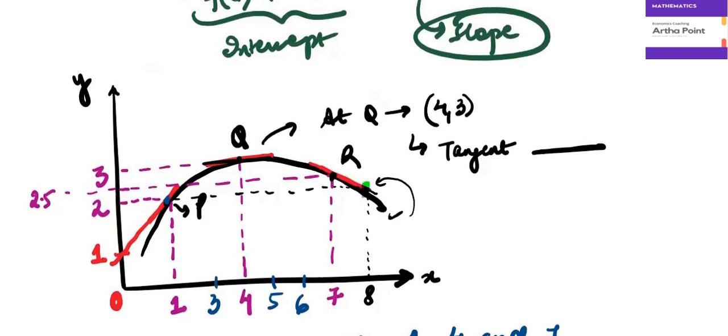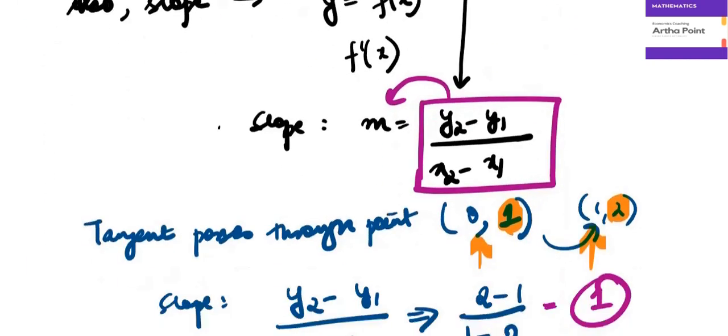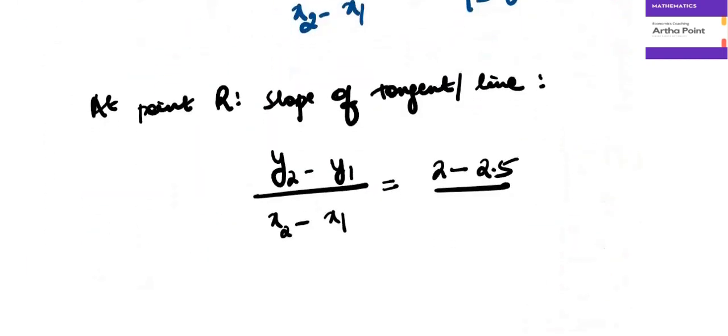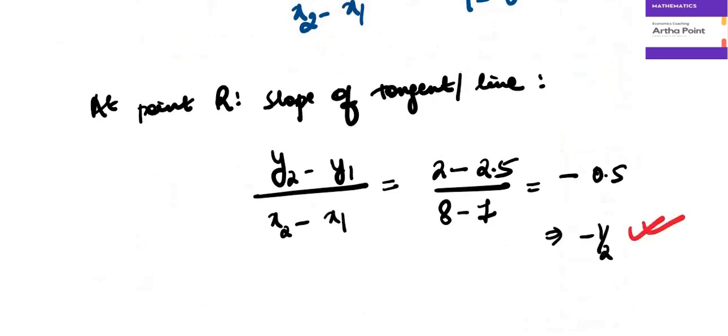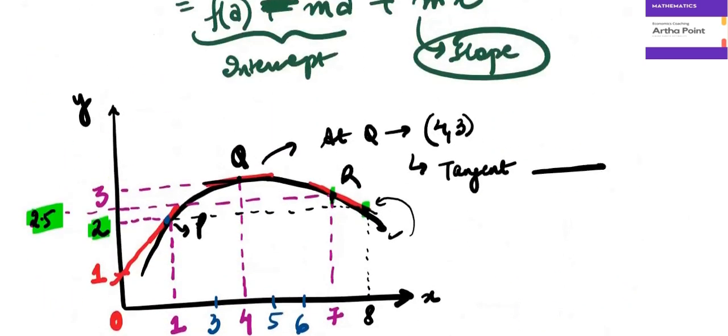This is my second point, and here it is 2. And this is my first point, at 7, and here it is 2.5. So I am saying 2 minus 2.5 divided by 8 minus 7, which is minus 0.5, which is minus half. And this makes sense because my line is downward sloping. So I should have a negative slope. So the slope at point R is minus half.